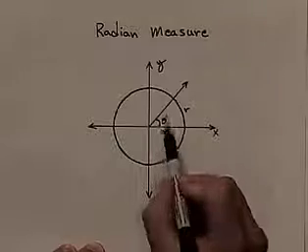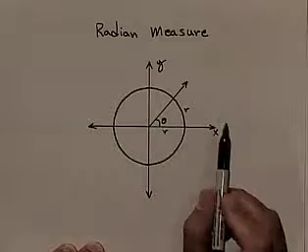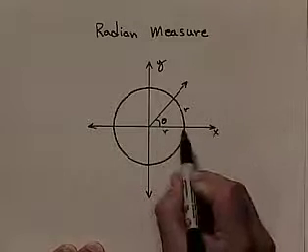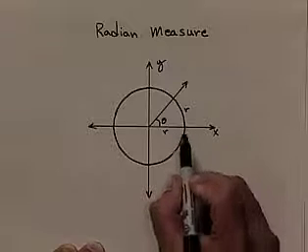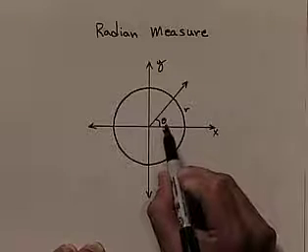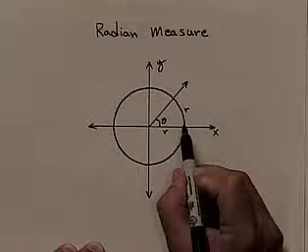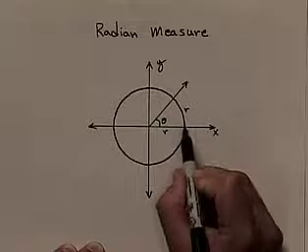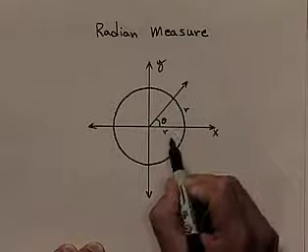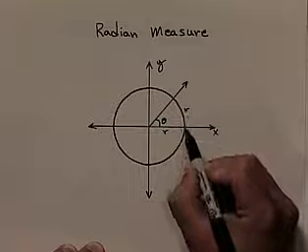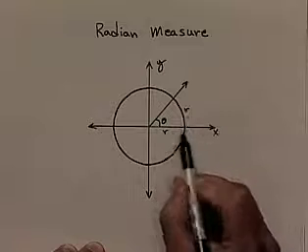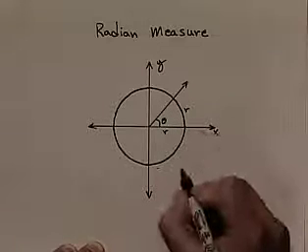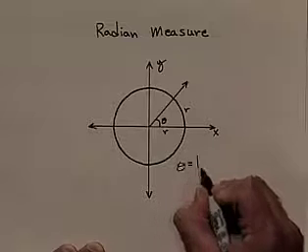Here we have this angle theta, and the radius is r. The idea here is that theta is equal to 1 radian when the arc is equal to the radius. So here the arc is r, the radius is r, and that means that in this case theta is equal to 1 radian.